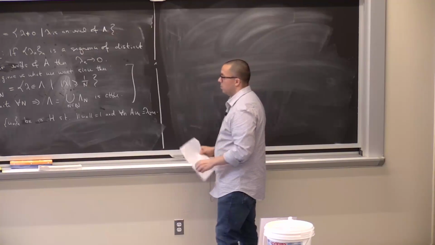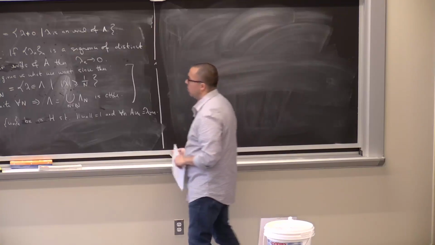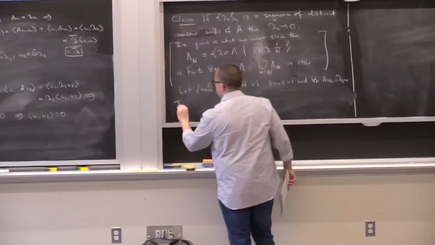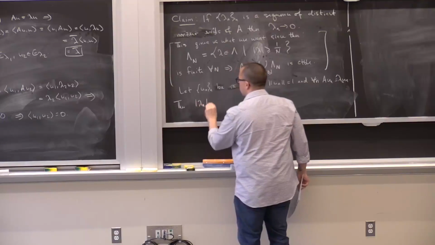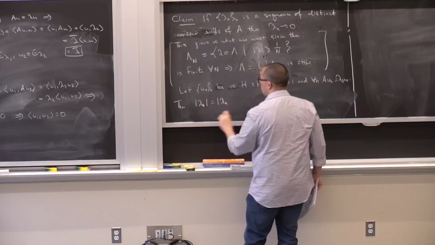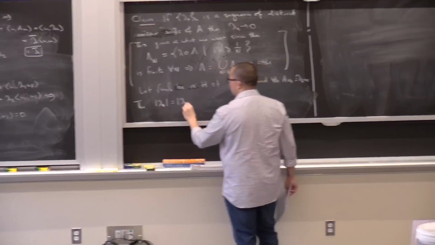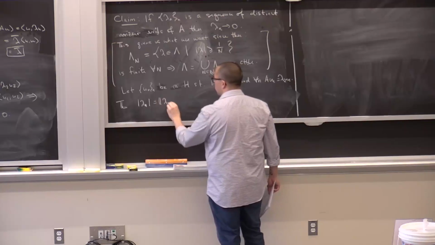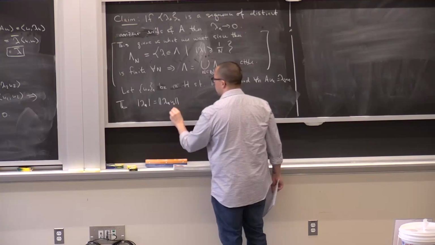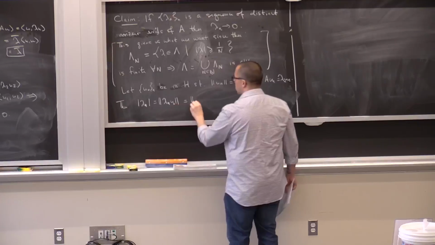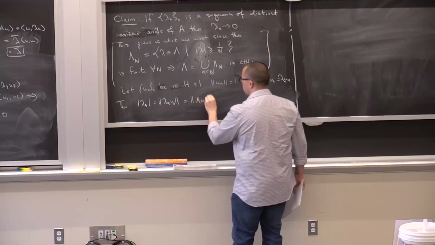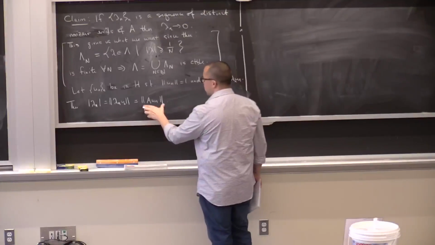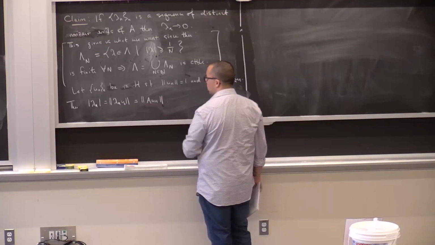Now, the absolute value of lambda_n is equal to the norm of lambda_n times u_n, which is equal to the norm of A applied to u_n. So what I'm going to show is that A applied to u_n converges to 0.